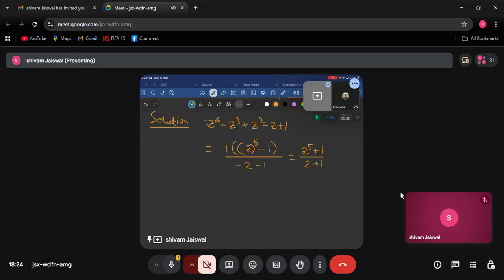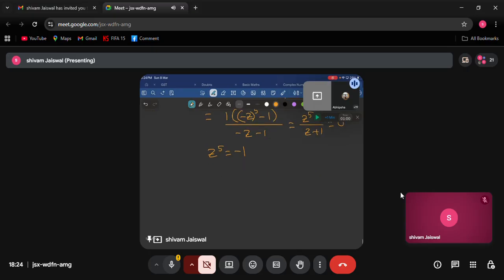Is it clear? So that means we need to find out the roots of the equation z to the power 5 plus 1 except when z is equal to minus 1. Right, tell me. Z cannot be equal to minus 1. Okay, so if z to the power 5 is equal to minus 1, okay, tell me for what value of theta cos theta is equal to minus 1? Pi. Right. So this will become z to the power 5 is equal to cis pi. Okay, this will be equal to cis 2k pi plus pi.